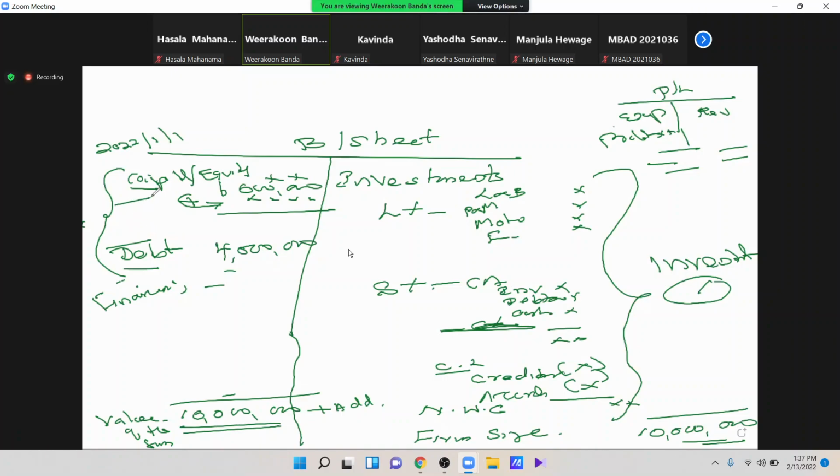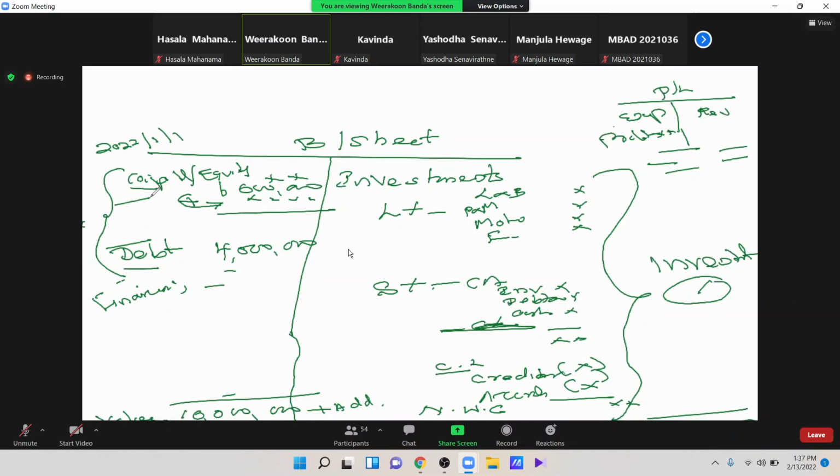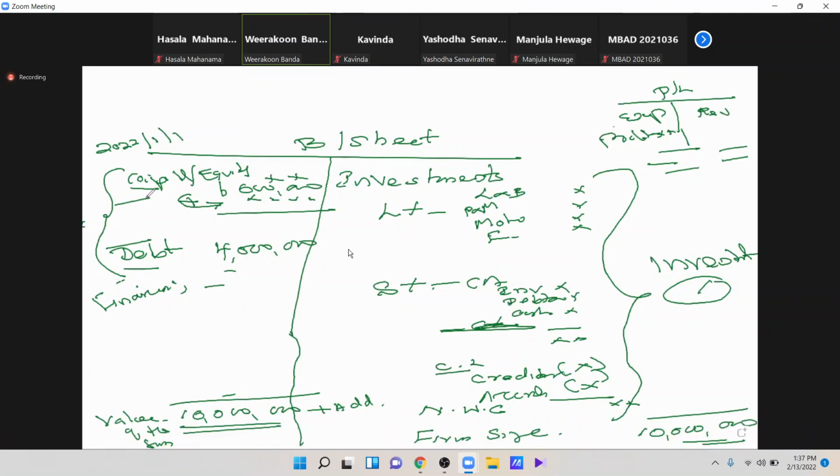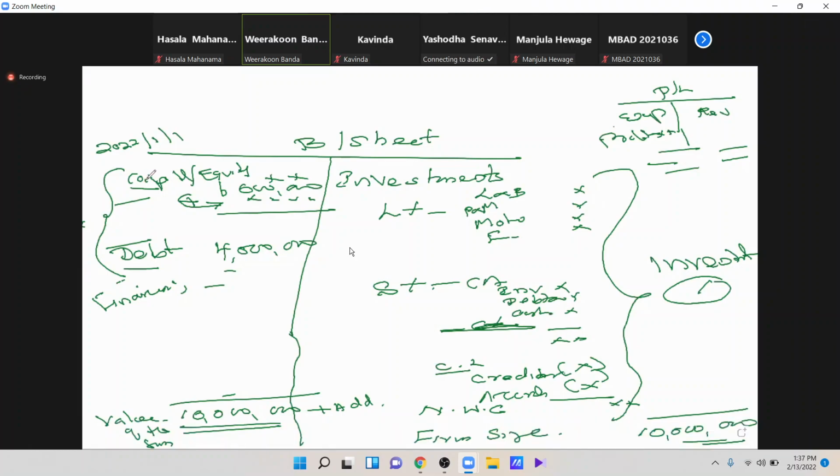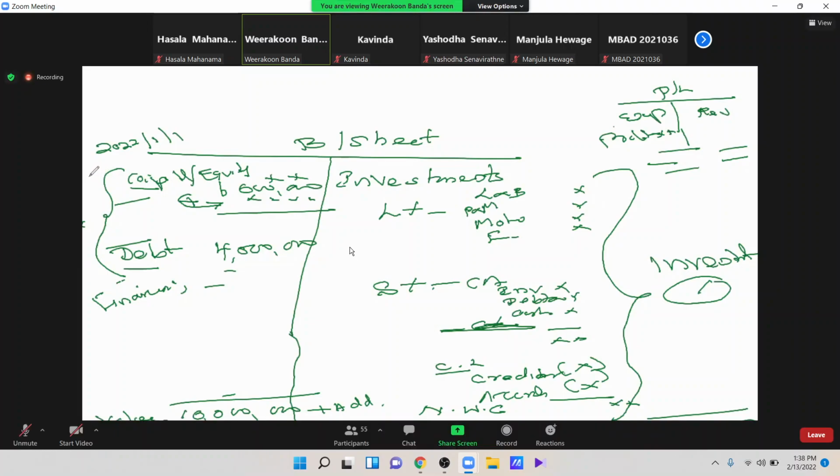Compared to this owner's capital, at the end of the period, we have to compensate the investors. We have to give them some profit, some dividends. So likewise here, there can be some cost. If you pay some compensation to the investors, shareholders, through dividends, then that is a cost to the company.